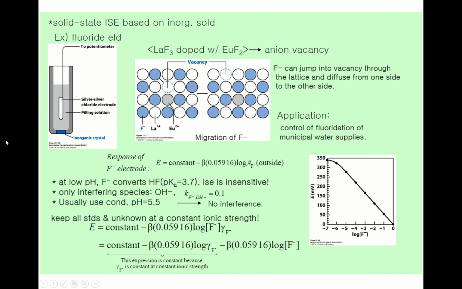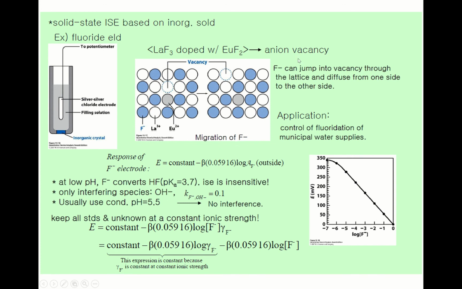The structure of the electrode is quite simple. You take this type of tube, open it, and insert the inorganic crystal. Inside you put the silver chloride reference electrode and a solution that must contain fluoride ion. Since you want to measure fluoride ion, the internal solution should also contain fluoride ion.